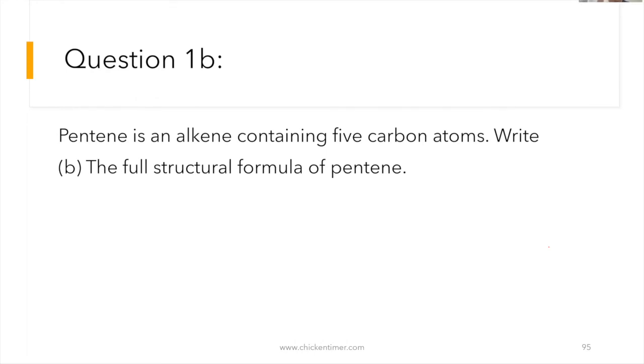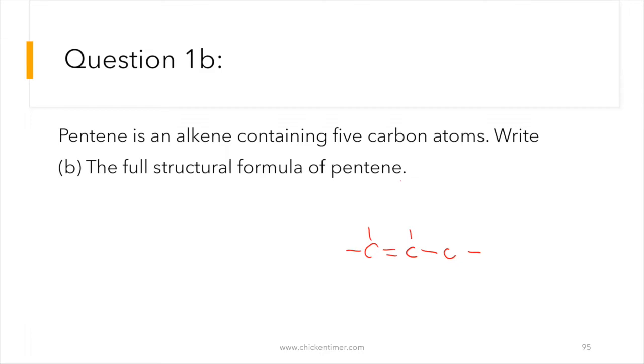Pentene is an alkene containing 5 carbon atoms. Draw the structure. So you take some time, try it first, then we continue. Is it 4 carbons with just single bonds, then one with a double bond? Yes. So we first start with the double bond, because it's an alkene. Then I know there's 5. So I go to the double bond, I draw 4 bonds around the carbon, and make sure everyone has 4. Then after that, I can continue.